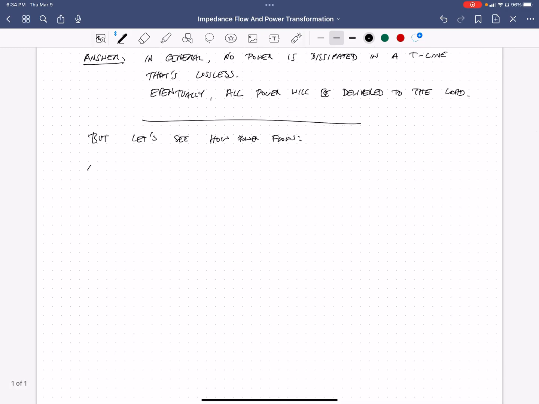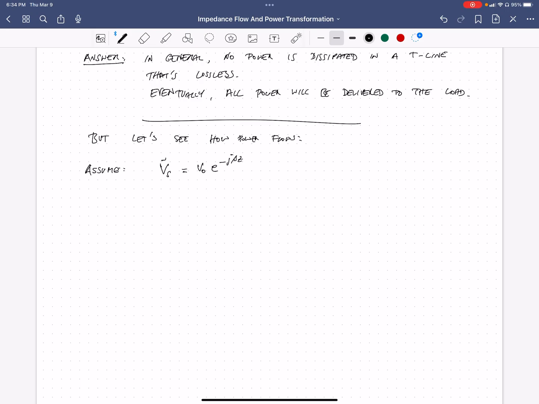Let's assume the voltage phasor is equal to V0 e to the minus j beta z.